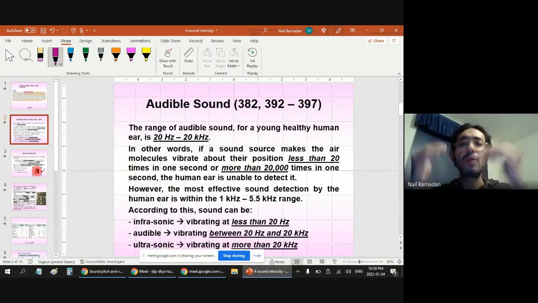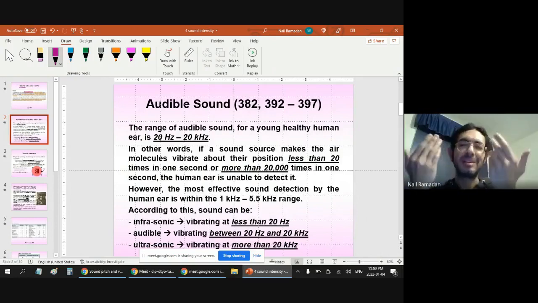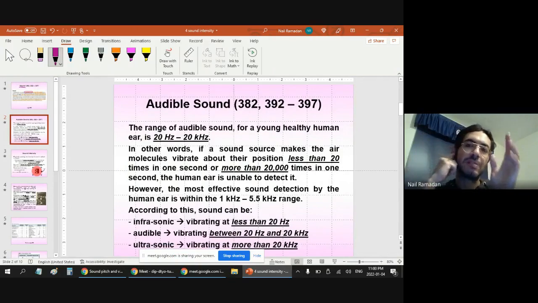all humans with any range of hearing ability can only hear or detect, or basically think about this way: your auditory nerve is only fired up or excited or activated when it receives sound that is vibrating, like the air particles are vibrating at 20 hertz, like 20 cycles per second, or 20 pendulum back and forth cycles per second, all the way up to what?